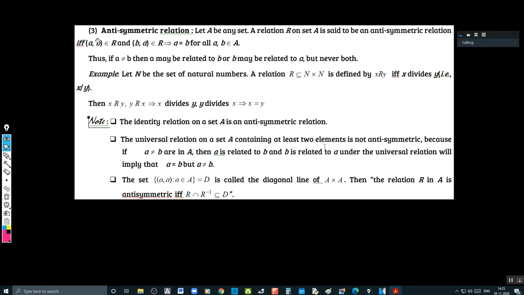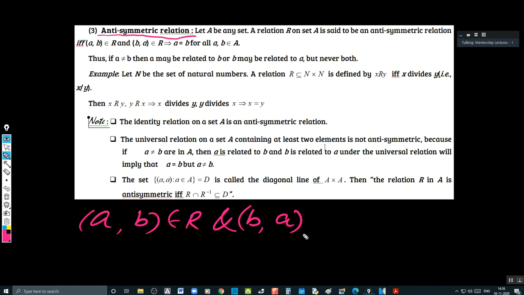Yes, sir. Now, anti-symmetric relation. Of course, it is just like symmetric only. But (a,b) belongs to R and (b,a) belongs to R implies simply a is equal to b.